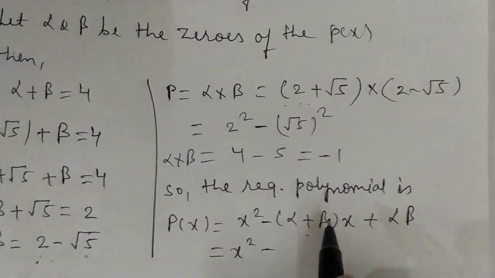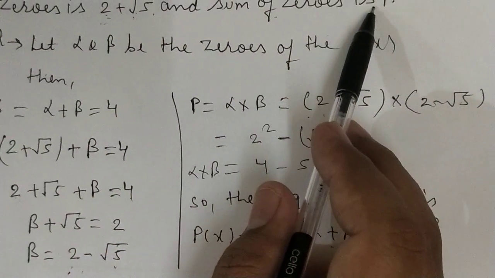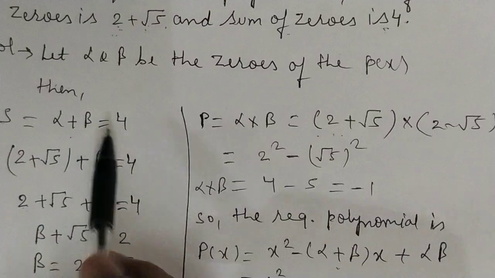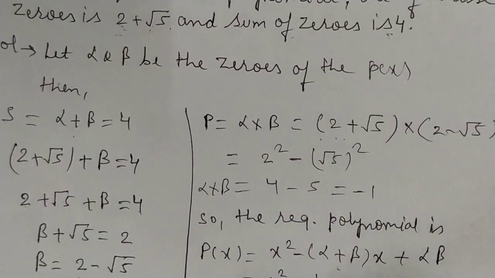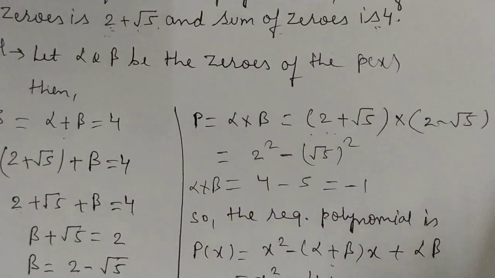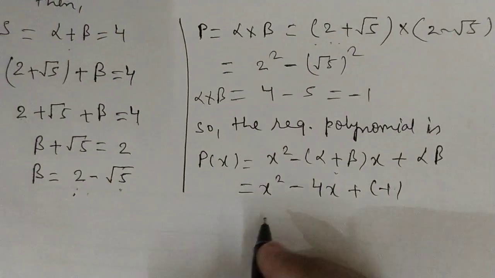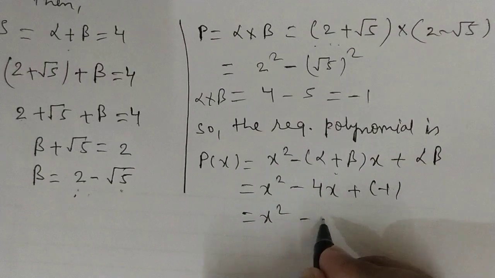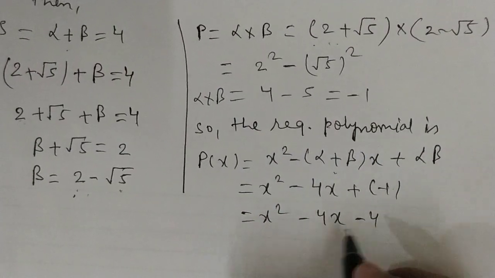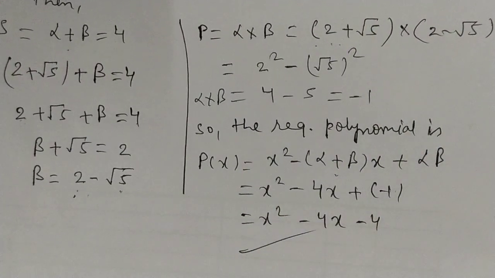What is the value of alpha plus beta? It is already given in the question, that is 4. Check here, alpha plus beta is 4, so 4x plus what is the value of alpha into beta? Alpha into beta is minus 1. So if you write, x square minus 4x minus 1.